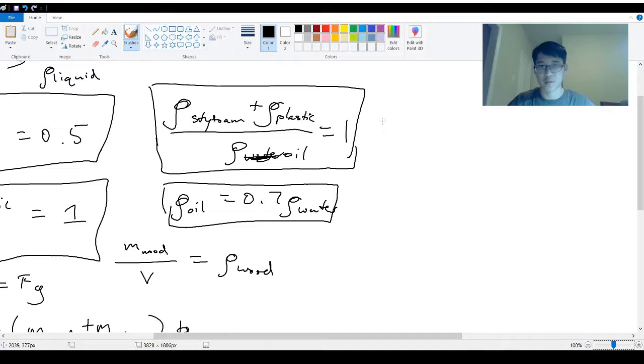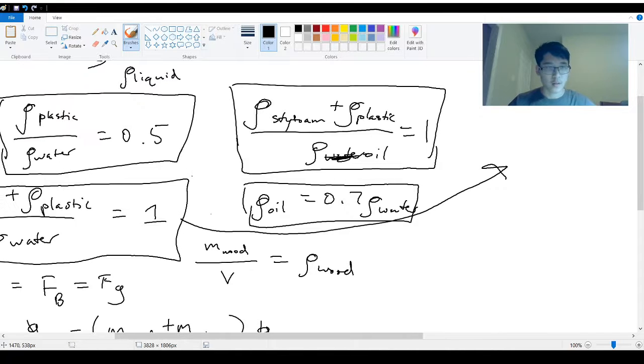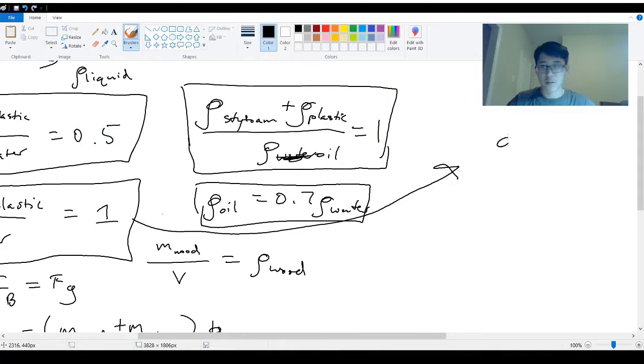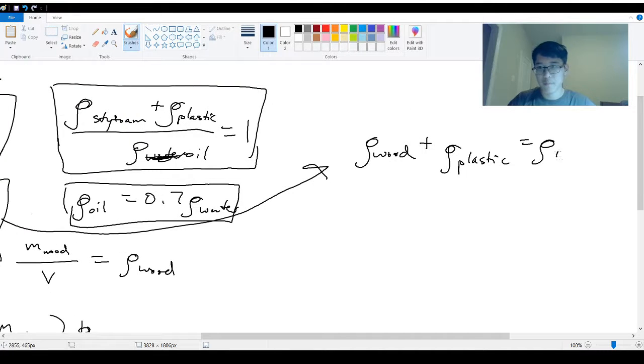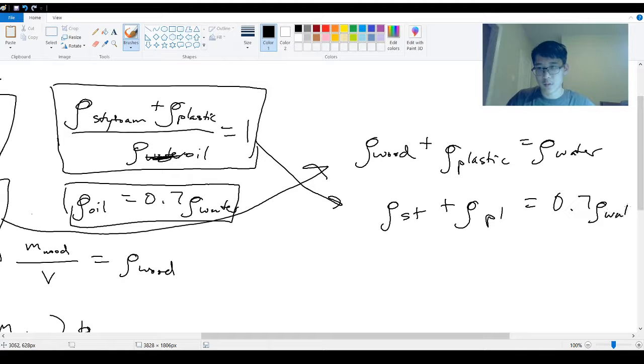In this equation, I'm just going to put the density of water on the other side, so we have the density of wood plus the density of plastic is equal to the density of water. And for this equation, we have the density of styrofoam plus density of plastic is equal to the density of oil, but we know that density of oil is 0.7 times the density of water, so I'm just going to put that down here.